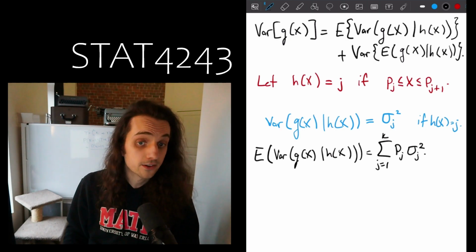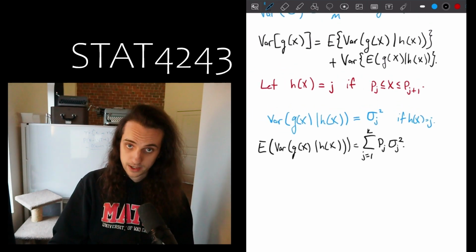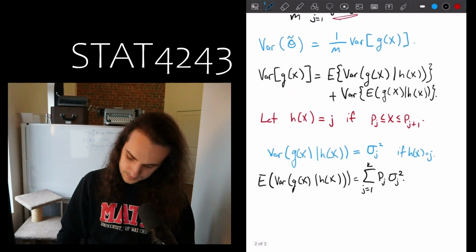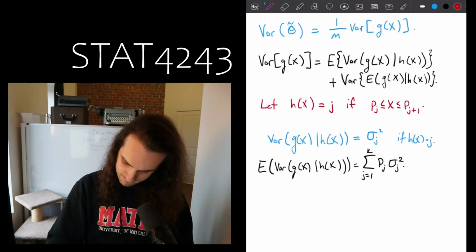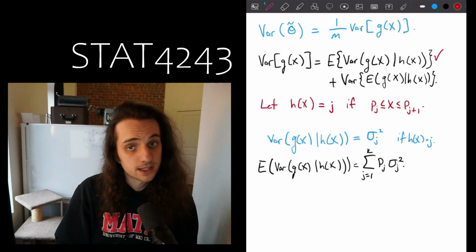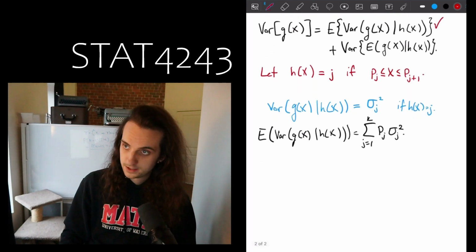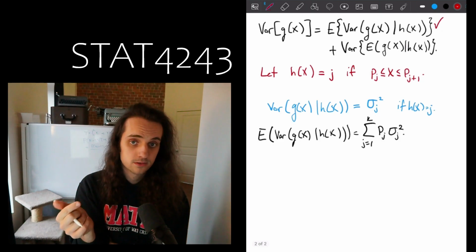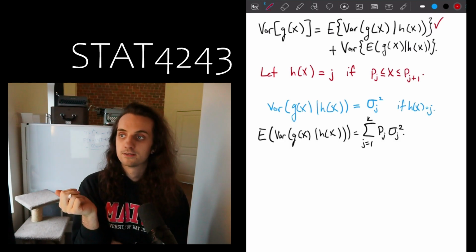So the expected value right here is this term that we have, and this deals with this first term. Then what we need is the variance of the expected value of g of x given h of x.